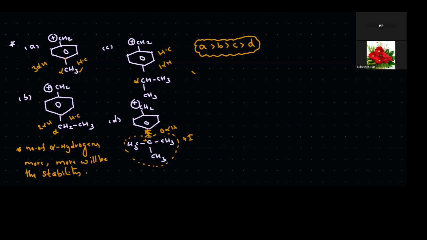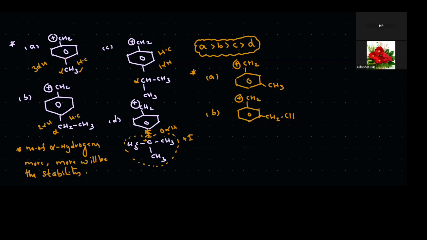A: CH2 plus, here only one CH3 group. Next, B: here CH2 CH3.